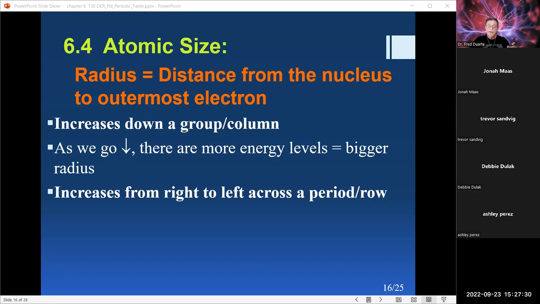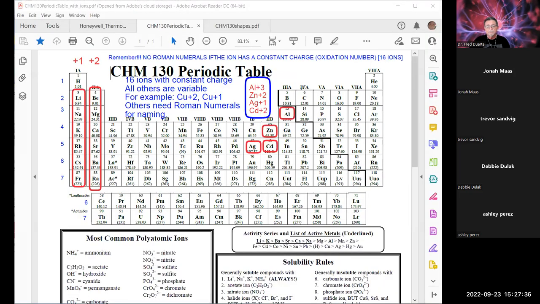Going from left to right, there's a couple of things happening. Let's take, for example, if you want to compare the radius of carbon versus fluorine. They're different elements, obviously, but we have 6 protons for carbon and 9 protons for fluorine going across the same period.